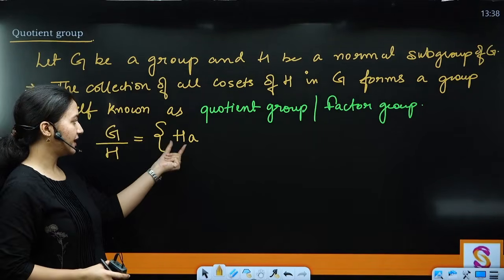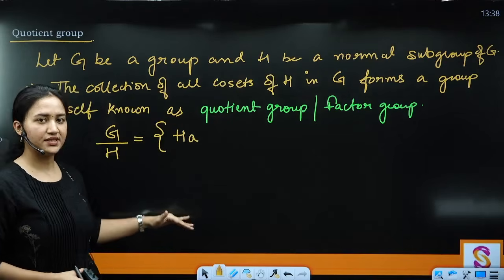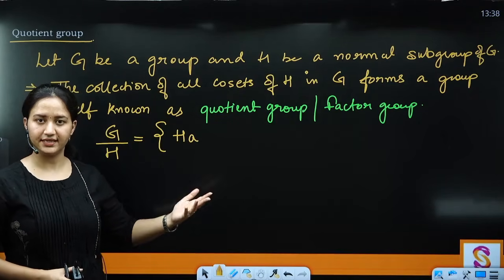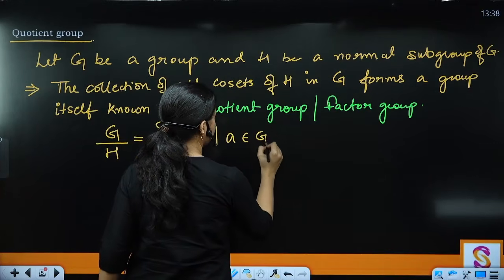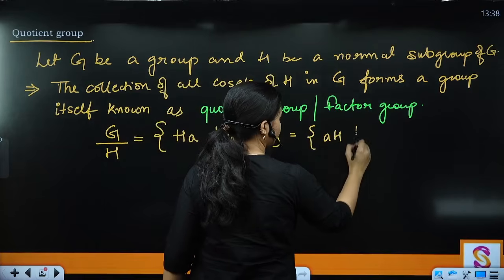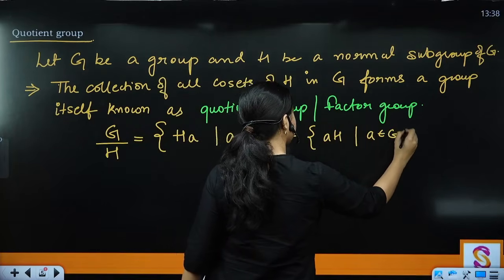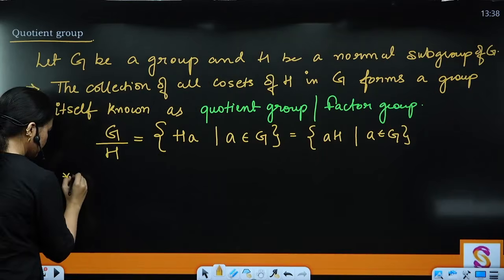Also we know that कि आपको पता है कि आप यहाँ पे भले ही A belongs to G ले लोगे, but the number of cosets are going to be limited or distinct, right? So where A belongs to G, and this equals AH as well, where A belongs to G, right? Why?